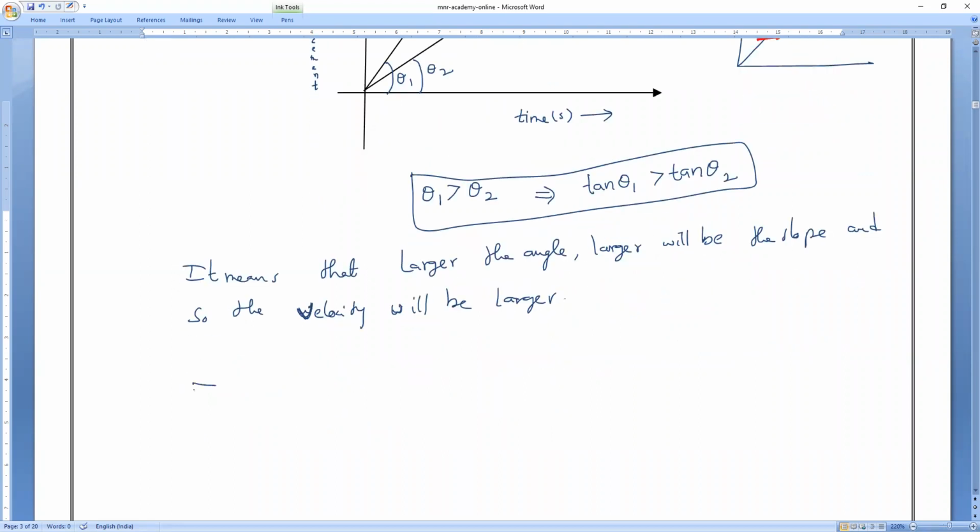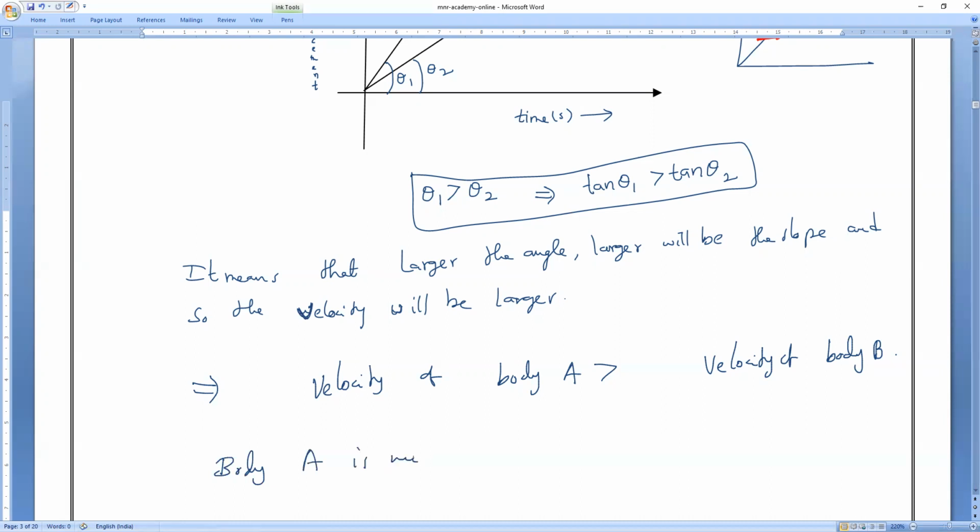Body A. So velocity of body A is greater than velocity of body B. That is the reason I introduced the concept called theta. Any doubt, guys? So I can say who is traveling faster? Body A is moving faster than body B.